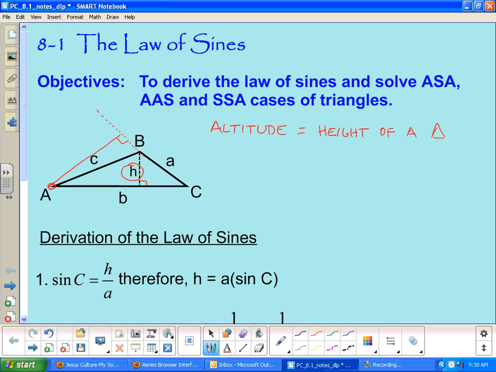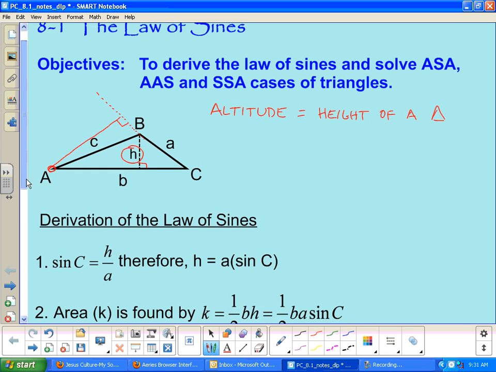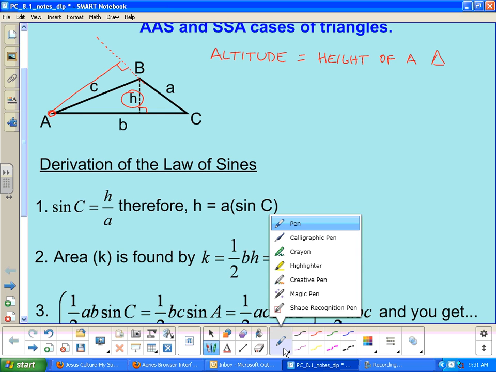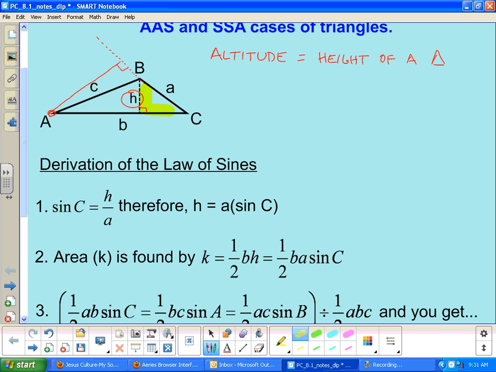So we have this H value, and it's hanging out in there. And if I wanted to find the value of that H, I could use a little right triangle trig. So, for example, let's say we're looking at this triangle. We're going to be doing that triangle right there. If I look at that triangle, that one's a right triangle with this H value, this height, this altitude that's been dropped.